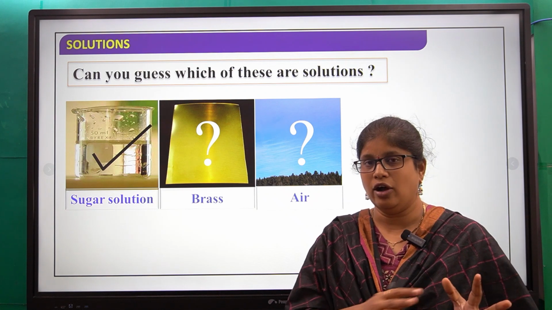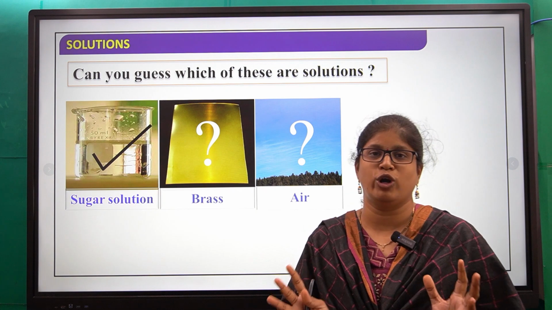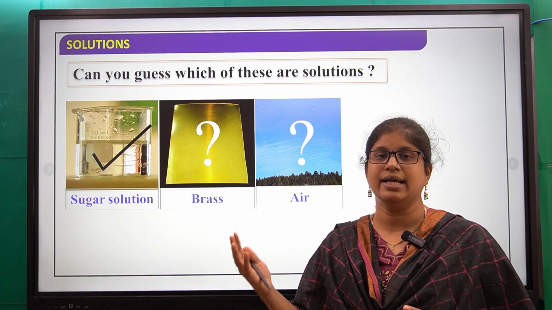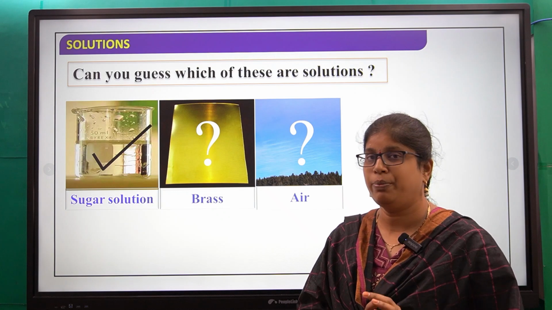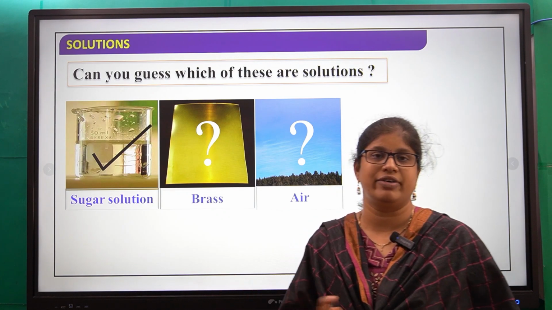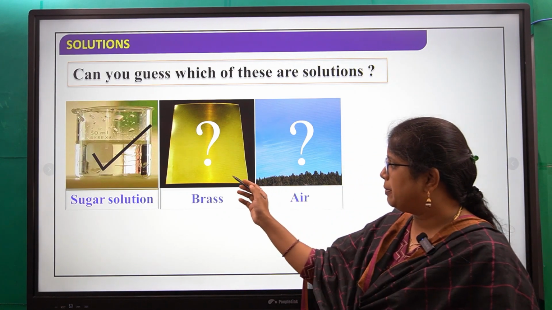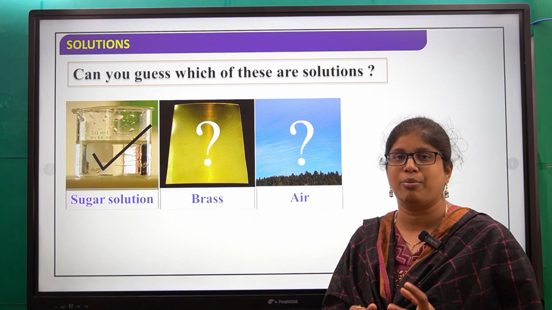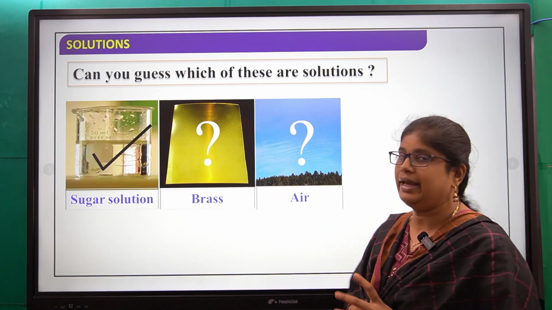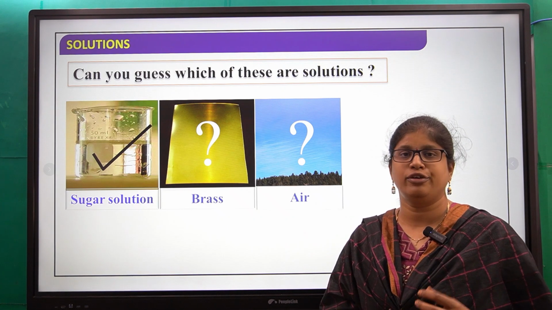What is common in all these? Water is common. We are adding something to the water and getting the solution.